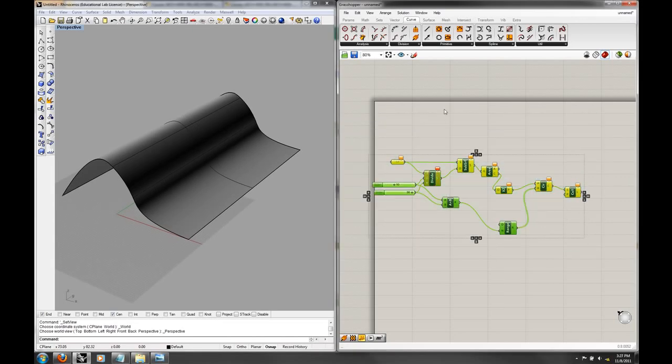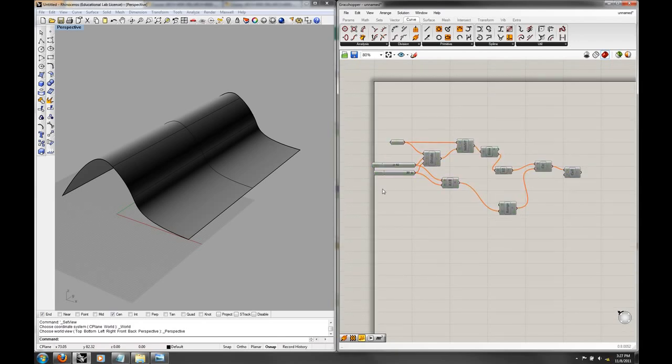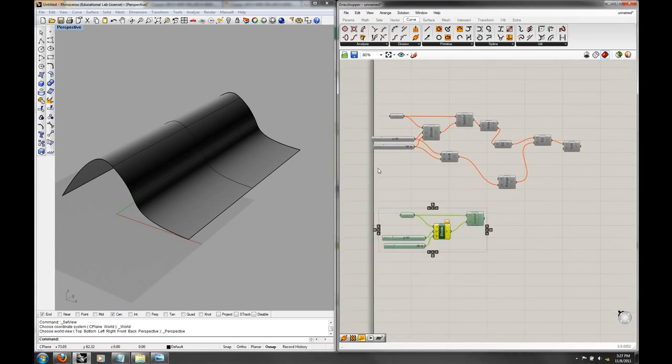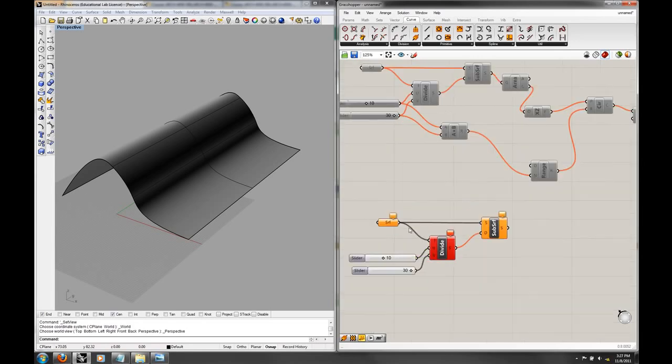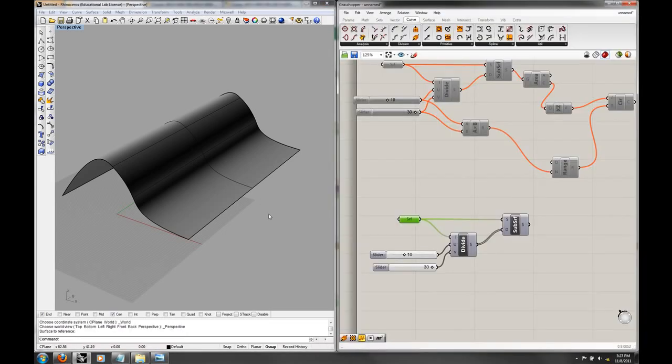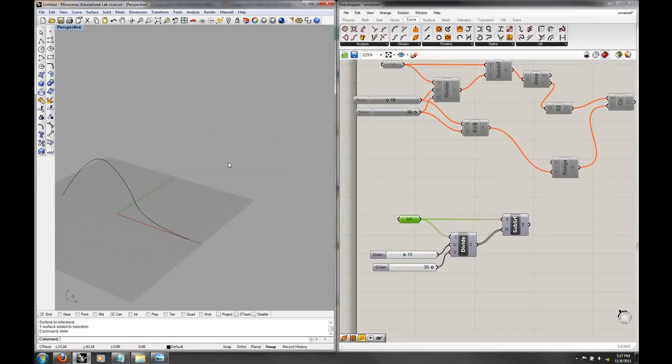Okay, so I'm going to go ahead and turn this off. I'm going to start with this pattern here, which is just the stuff that we've been looking at. So I have a surface, it gets divided, and then we look at the divisions. So let's set this surface and let's take a look at what we've got.